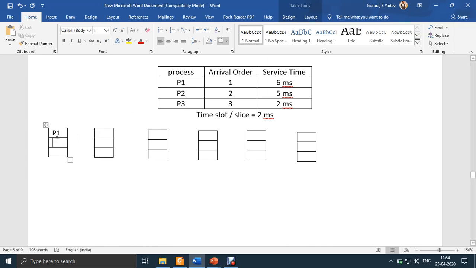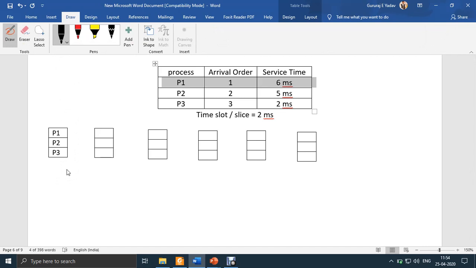Since P2 has arrived next, it will be in second place, and since P3 has arrived last, it will be at the end. This is a queue. In this queue, whoever comes first, in this case P1, will get its chance to execute first.